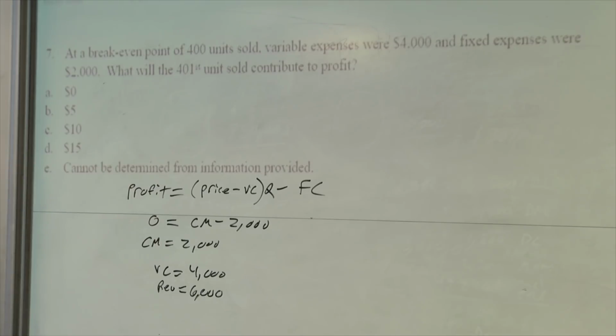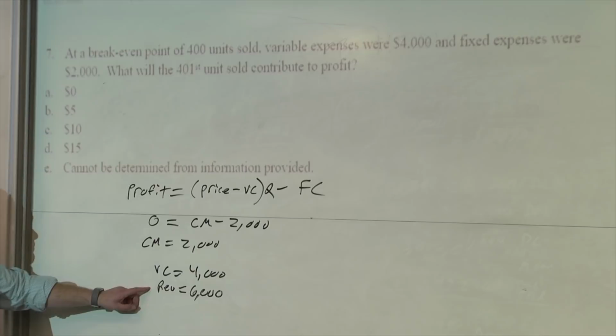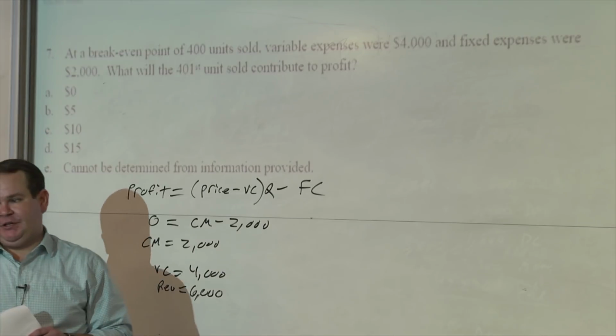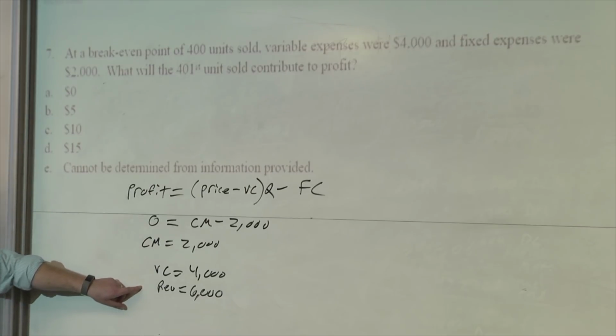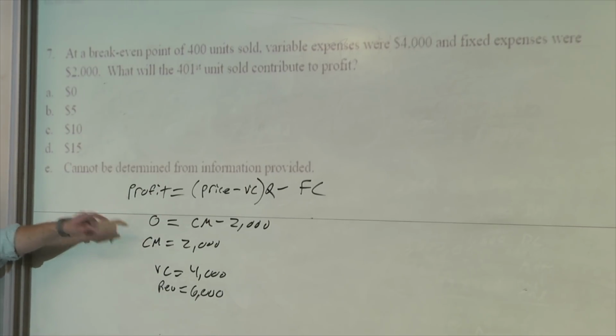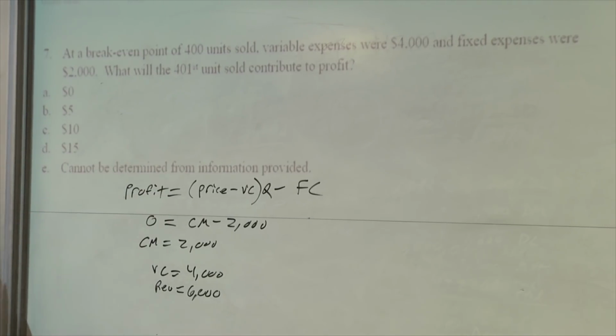Okay? Once we know this, we can find out what we're actually trying to solve here. If revenue is 6,000, we can figure out what the sales price is, because we know with 6,000 in revenue, we get 0 profit, and we sold 400 items. That's our break even in units.